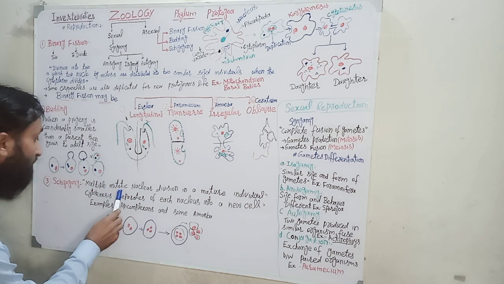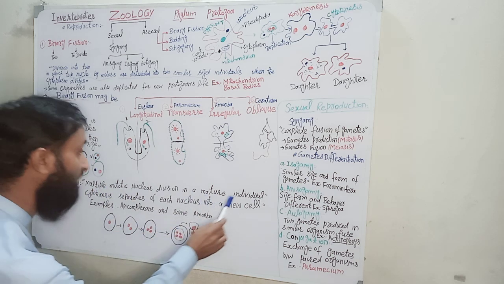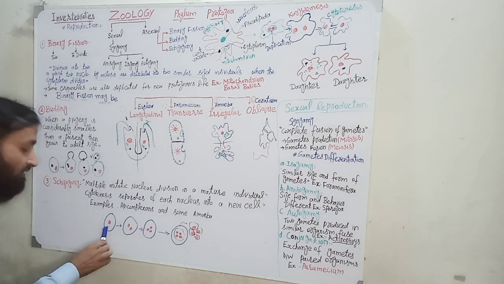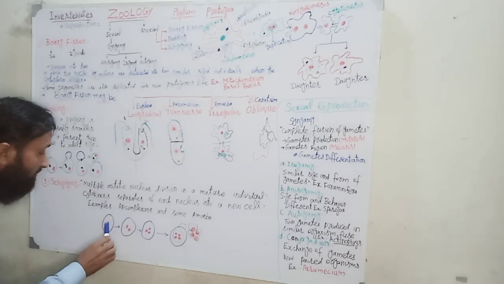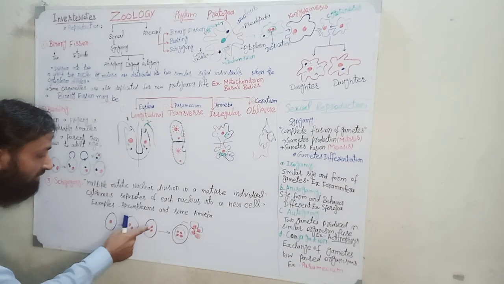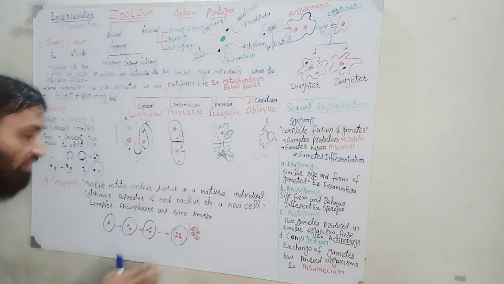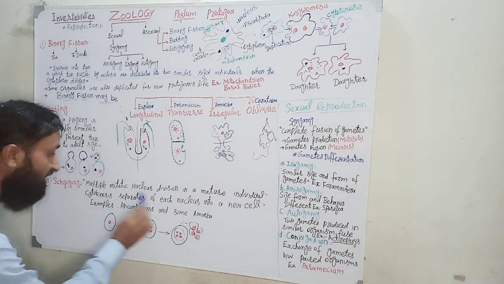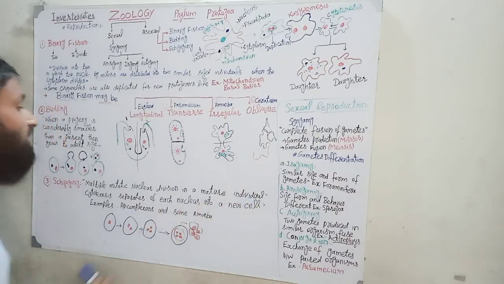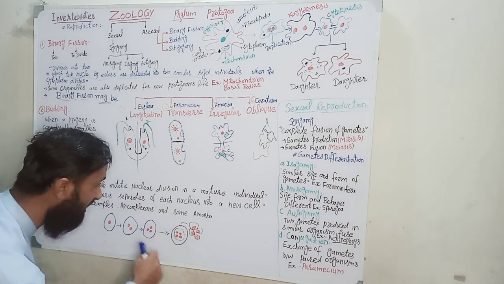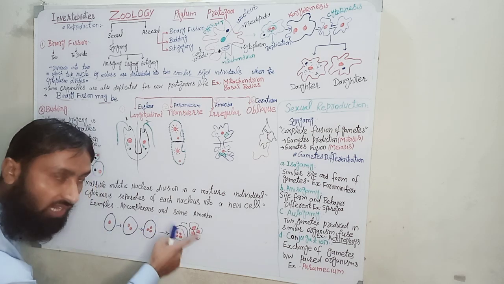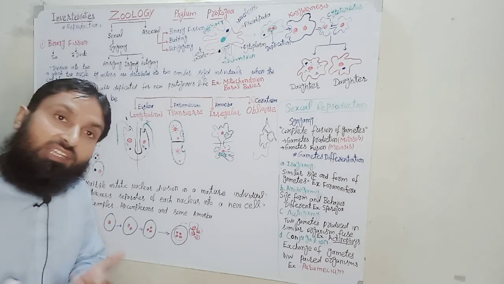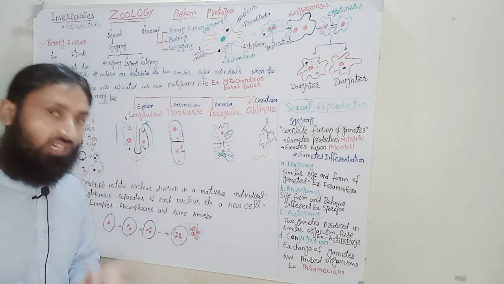First one is multiple mitotic nuclear division in a mature individual. You can see here this is a single organism and this is forming the two nuclei, 3 and 4 and so on. The second concept is that cytokinesis separates each nucleus into a new cell. Now you can see here cytokinesis will occur and each nucleus will act as a complete cell or as a complete organism.